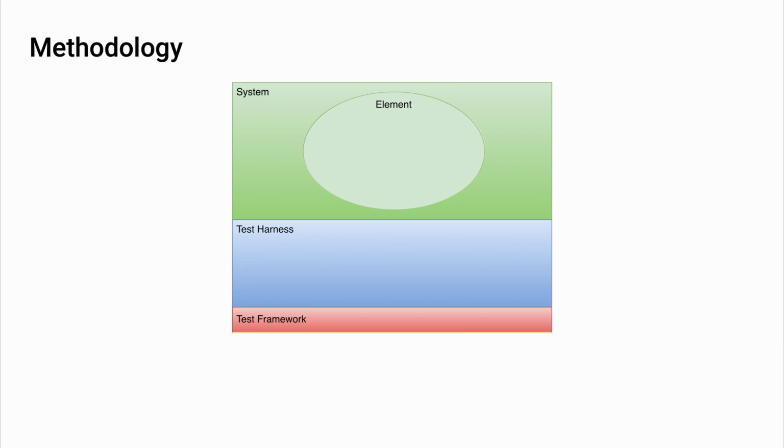Just like our unit test approach, we have a test harness that we build atop a test framework. Finally, we have the fuzz test itself. If we were just doing a unit test, this would be where we'd stop. We would take known inputs, feed them into the function, take the output, and compare them against expected output.